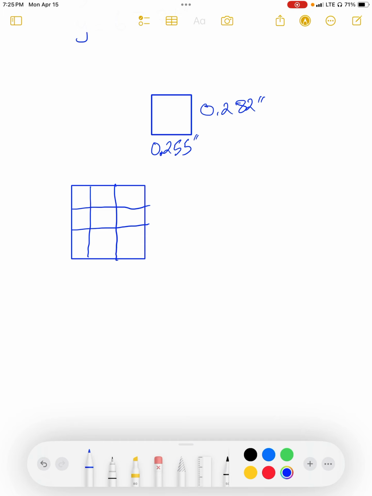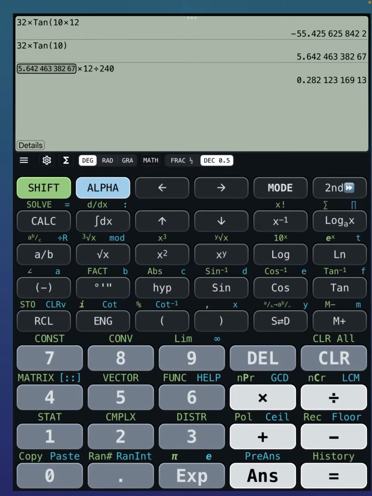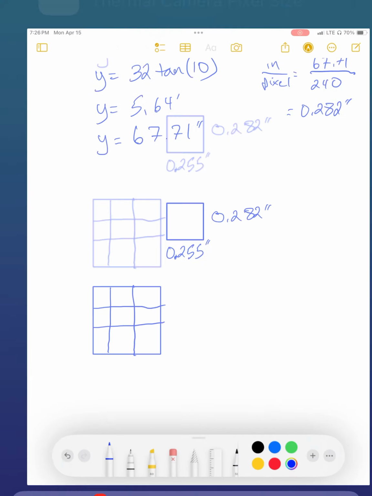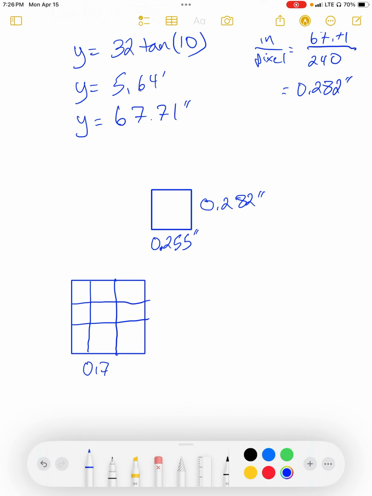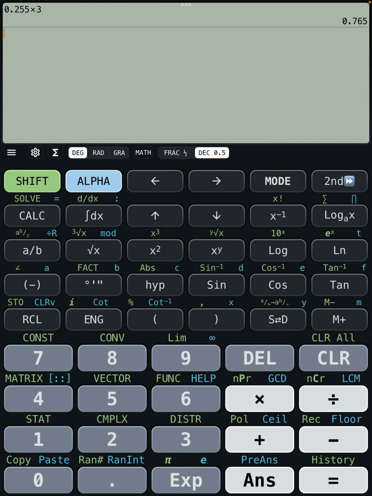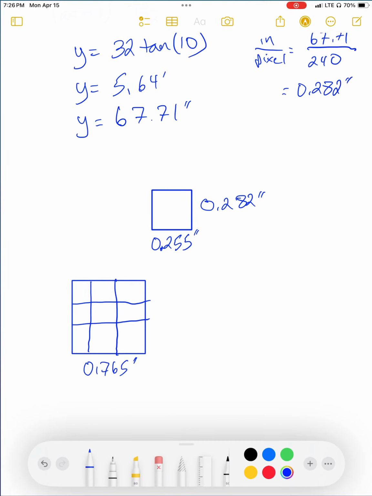So if we multiply each of these by 3, 0.255 times 3 is just a little bit over 0.75. It's going to be 0.765 inches. And then our height, 0.282 times 3, gives us 0.846.